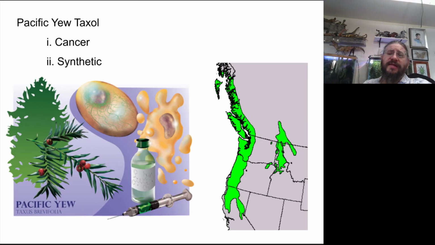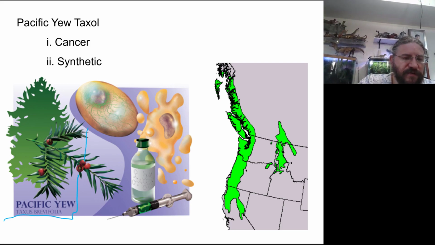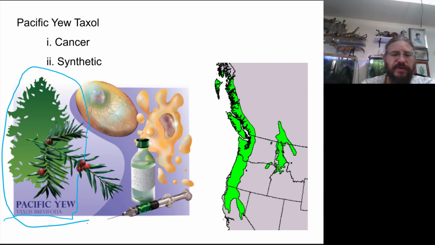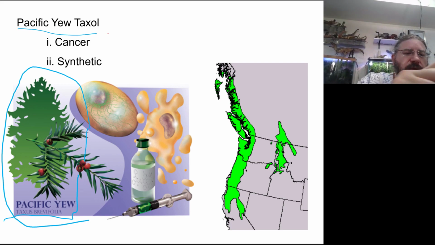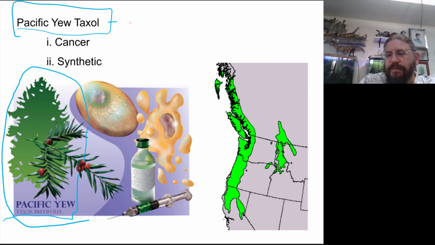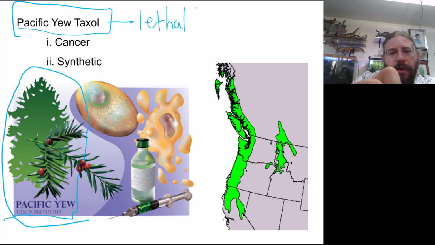How about when a plant defense becomes a liability when you've got humans involved? So this is the Pacific yew, Taxus brevifolia. The Pacific yew tree produces Pacific yew taxol. And Pacific yew taxol, who wants to guess what it kills? It's lethal to insect predators.